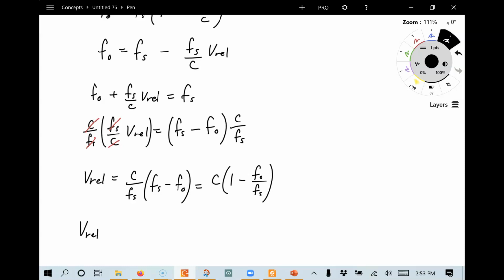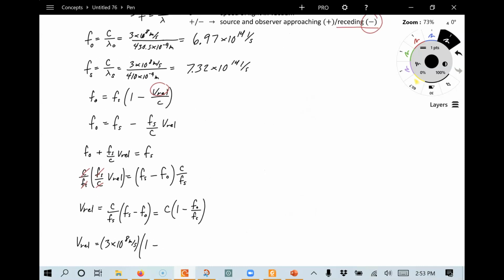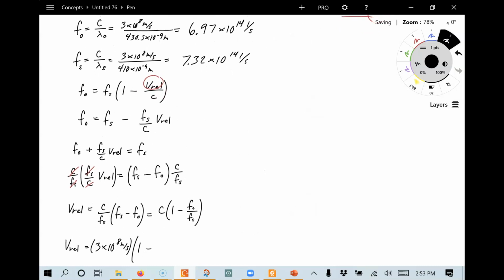So plugging in those values, speed of light, 3 times 10 to the 8th meters per second, multiplied by 1 minus F0, 6.97 times 10 to the 14th, 1 over seconds, divided by 7.32 times 10 to the 14th, 1 over seconds.